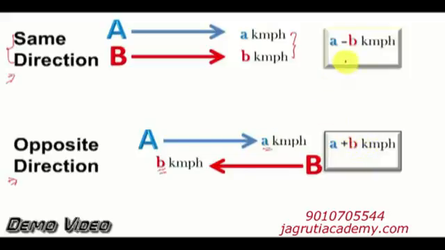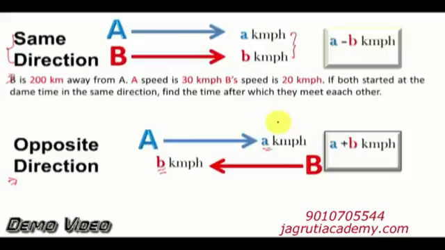By observation, when the objects are moving in the same direction, the relative speed is the difference of their speeds. When objects are moving in opposite directions, the relative speed is the sum of their speeds. Therefore, in the first case, A minus b kilometer per hour, and in the second case, A plus b kilometer per hour.